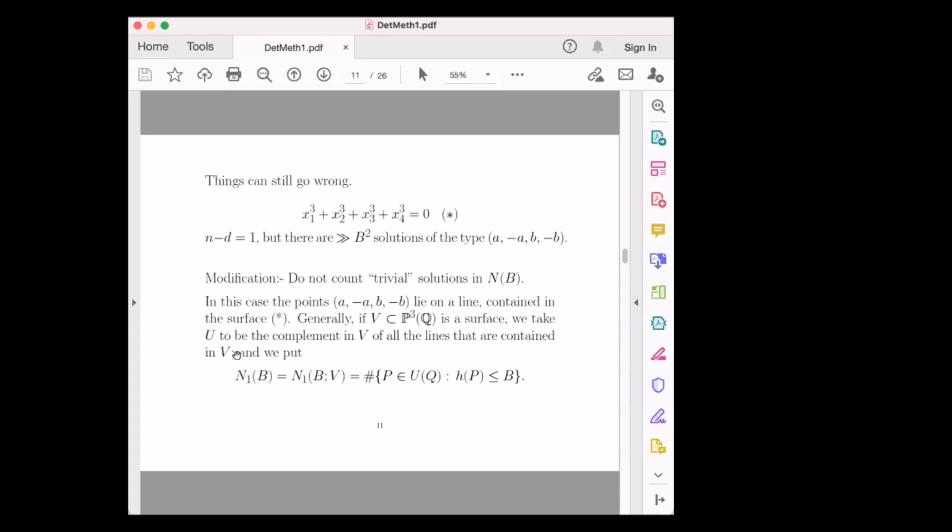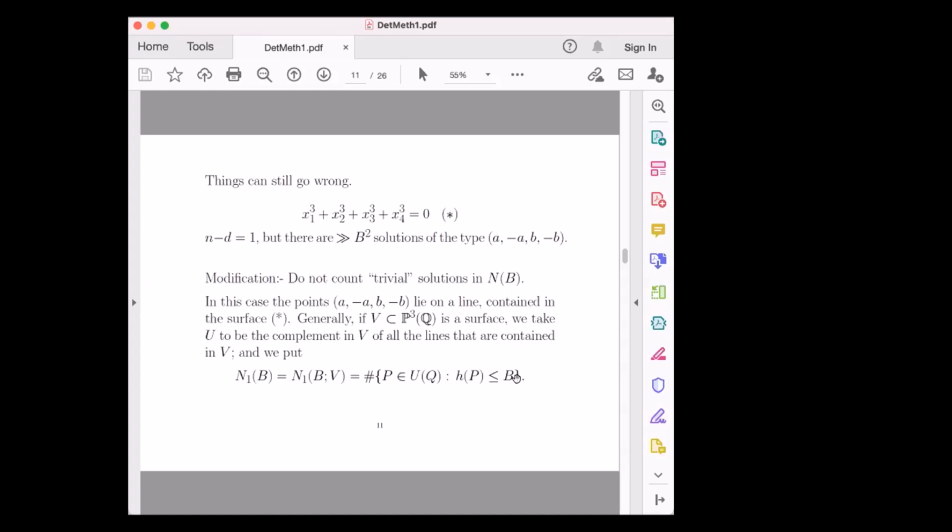So we just rule out points that lie on lines. And then we'll define a modified counting function with a subscript 1 here to be the number of points that lie on this set U, this open set. Again with, sorry, that should be a math bold Q, rational points on this surface U of height at most B.